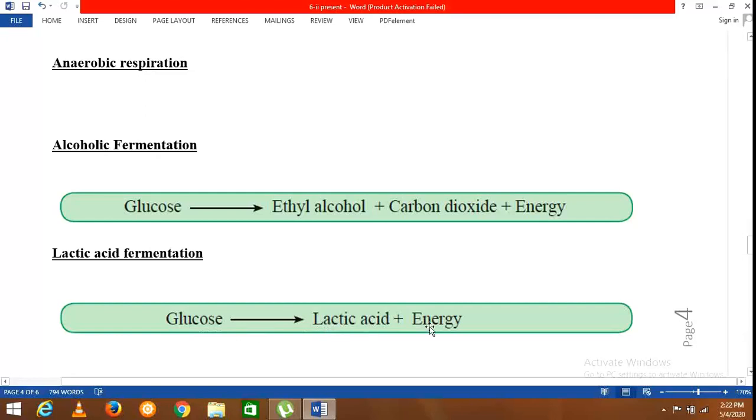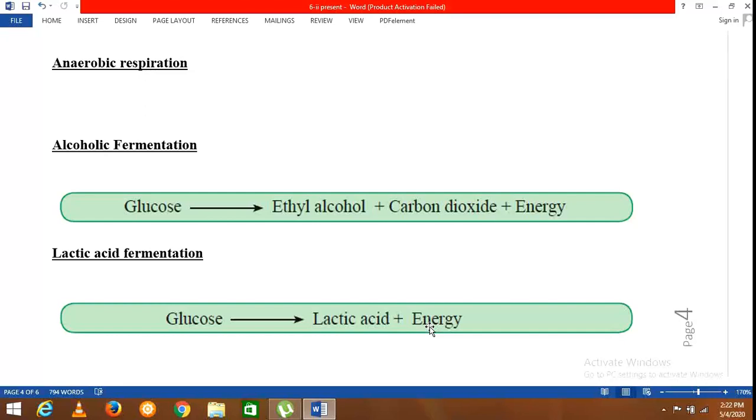So in our cells also, especially in the muscle cells, this lactic acid fermentation takes place. Sometimes you may have experienced a cramp or a muscle pain when you are engaged in a sport activity or when you are engaged in a running event. There you need a lot of energy. For the production of that energy, more oxygen should be supplied to the cells. When the oxygen is not that adequate, this lactic acid fermentation takes place in some of the muscle cells.